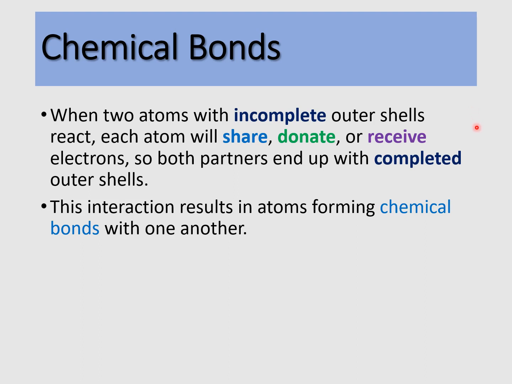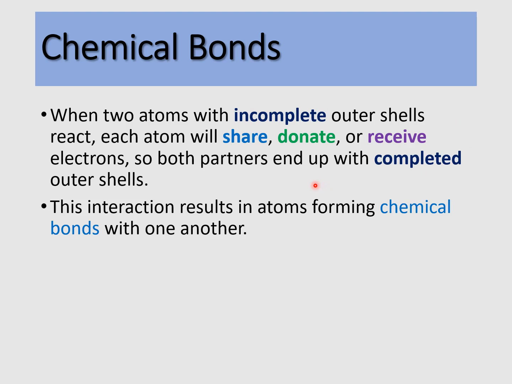So we said atoms are most stable when they have a full outer shell, full valence shell, but not all atoms have a full valence shell, right? Just depending on their atomic number. So what they're going to do is if they have an incomplete outer shell, they're going to react with another atom.